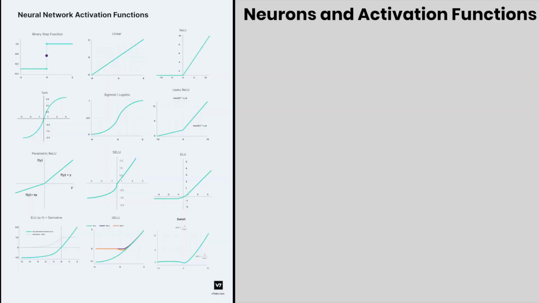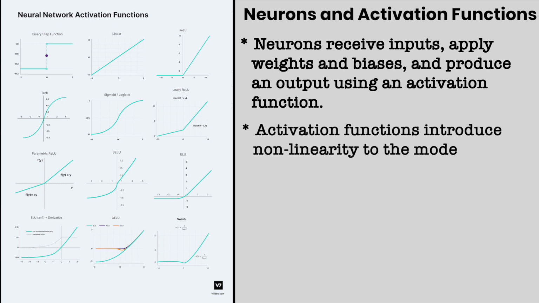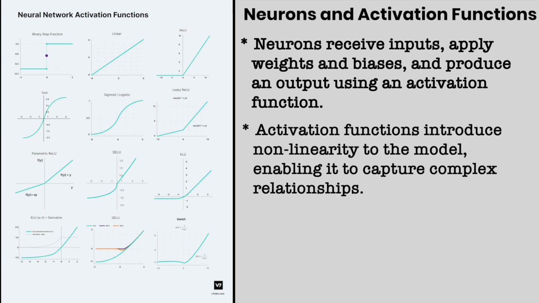Neurons and activation functions. Neurons receive inputs, apply weights and biases and produce an output using an activation function. Activation functions introduce non-linearity to the model, enabling it to capture complex relationships.